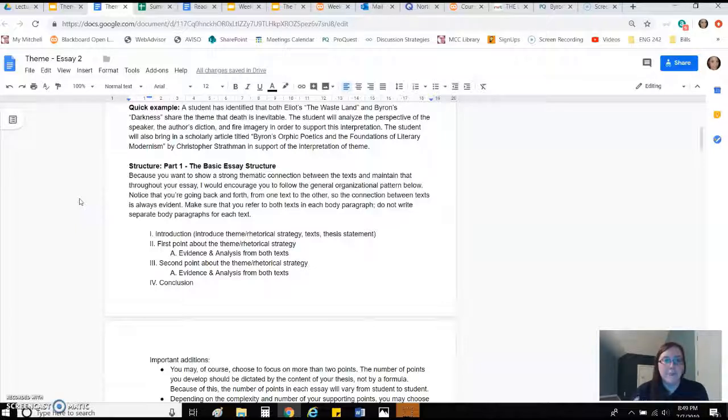So if you write your rough draft and you try to give a quick example summary of yours, make sure that you can work through those 4 things: your text, your theme, how you're approaching your analysis, and the secondary source that you're using.